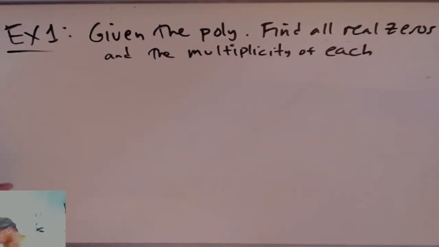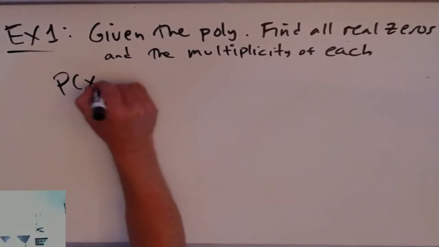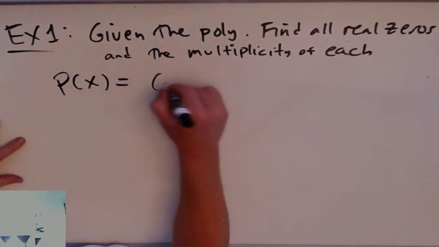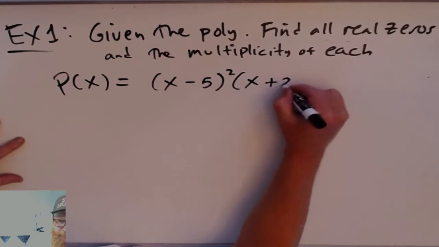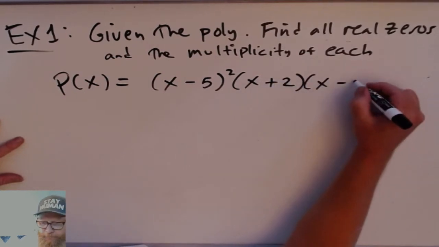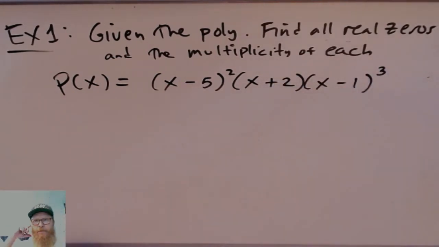So we'll just take a polynomial function. Something like that.